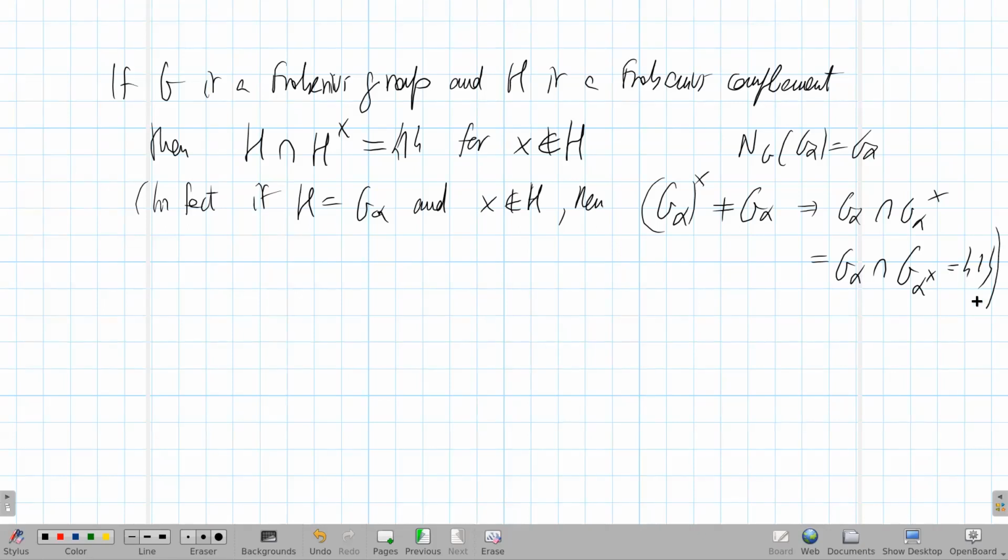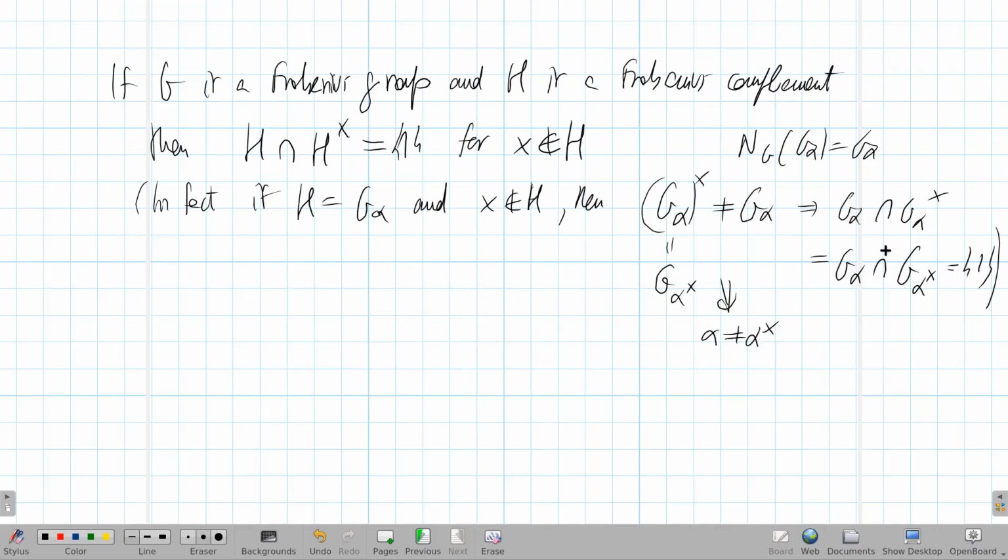Let's close the parenthesis. So once more, if H is a stabilizer G alpha and X is not in H, then G alpha X is different from G alpha because X does not normalize G alpha. And so this implies that alpha is different from alpha X, otherwise the two would be the same.